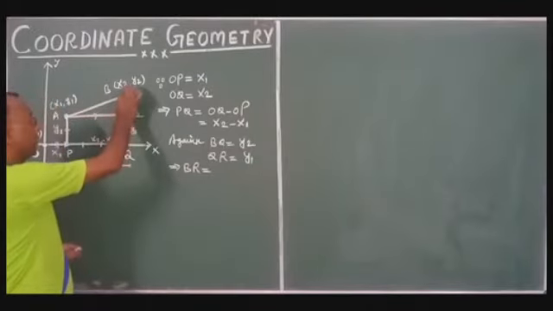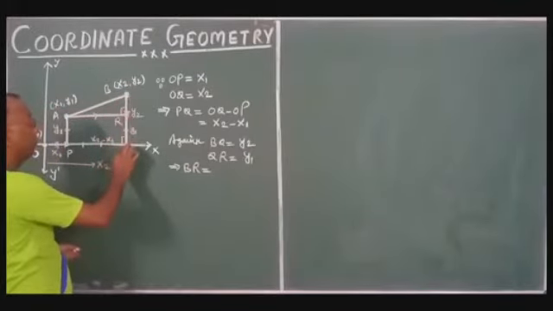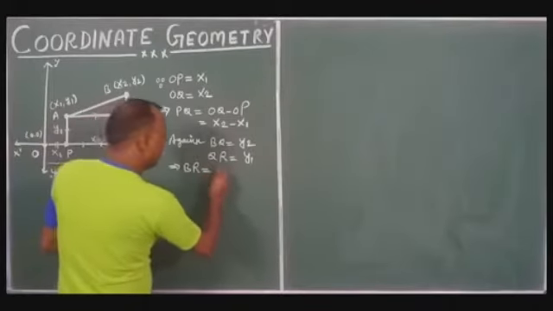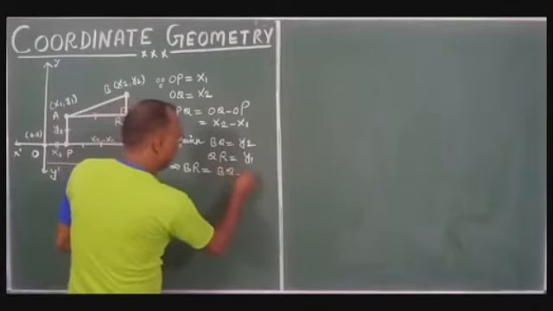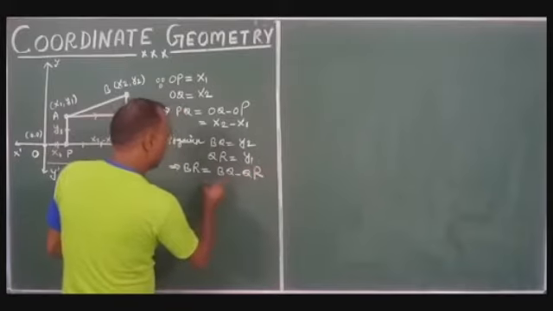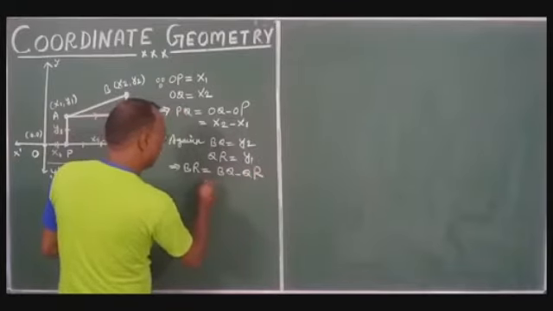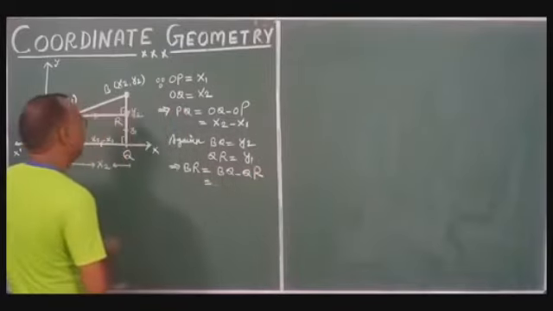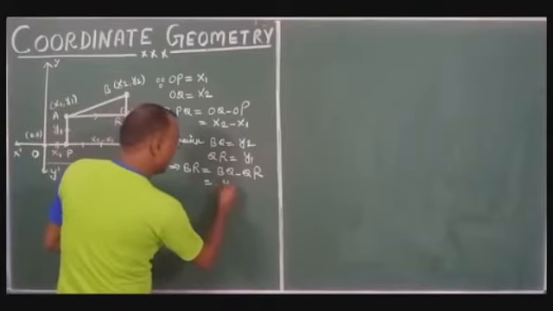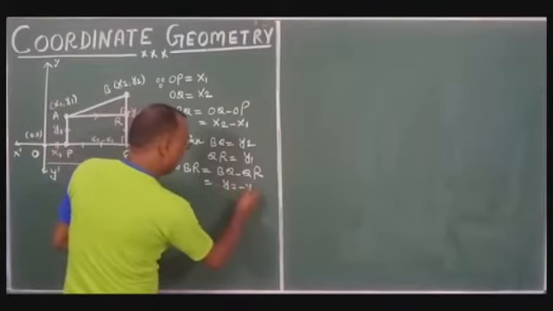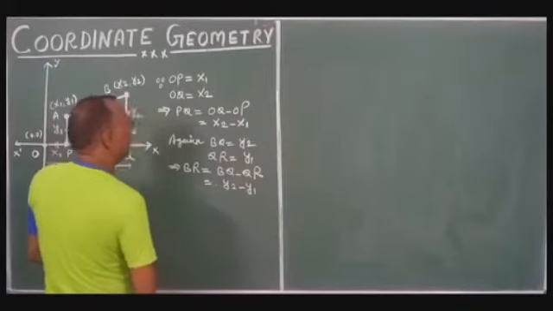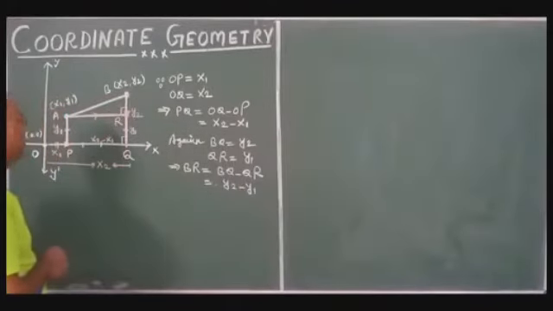That is BQ minus QR, and that is y2 minus y1.